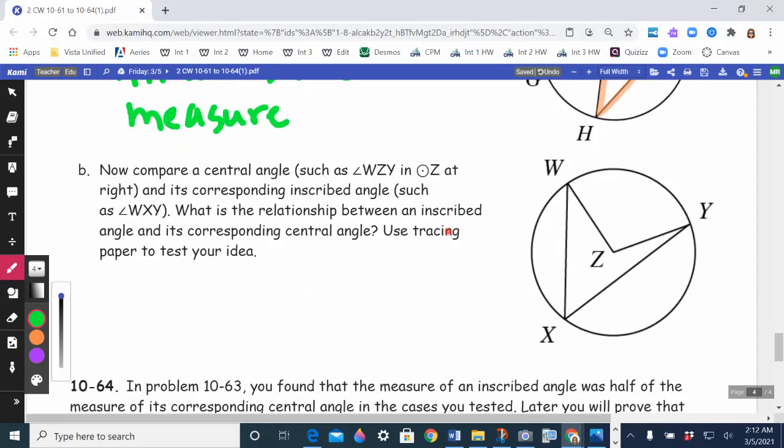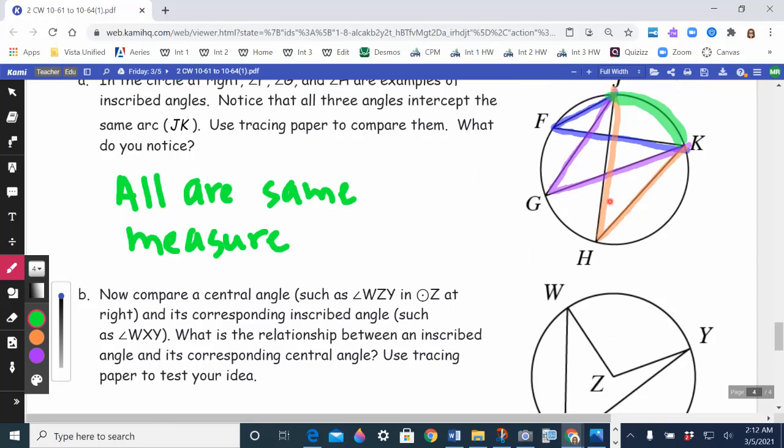Now, there's another situation here. We have an inscribed angle X, and we have a central angle Z. Notice both of them are forming arc WY. So is X the same as Z? Remember, each of these before were forming the same arc and they were all equal. So I'm going to trace angle X and see what happens.